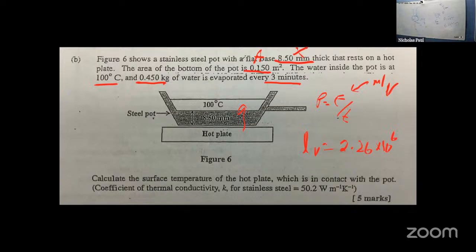Why are we not using MC delta theta? Because the water is already at 100. The water is already at 100 and there's a phase change that's happening.